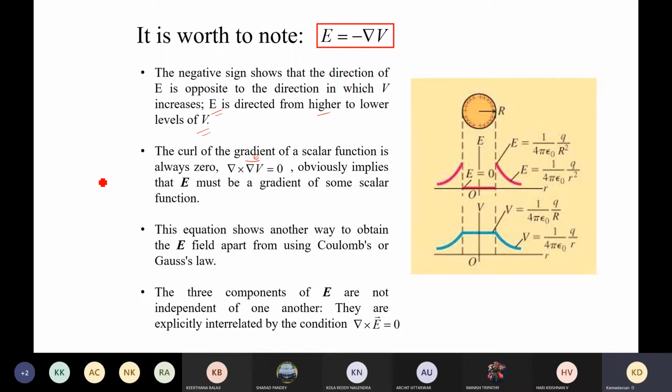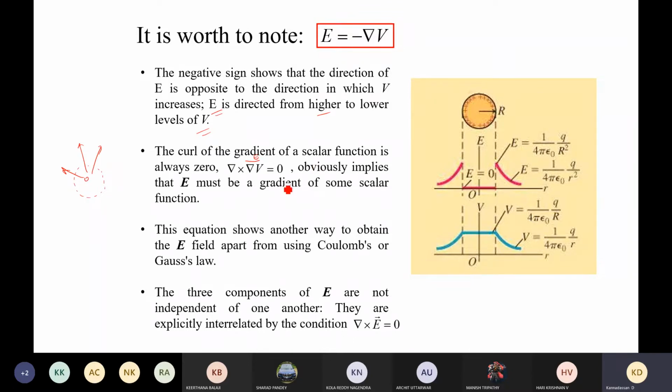It is because the electric field will always emerge perpendicular to the surface, and therefore if you calculate the curl of that, the curl is nothing but calculating what is happening around that. Anyway, it is going to be uniform, so there is no change with respect to the circular aspect.